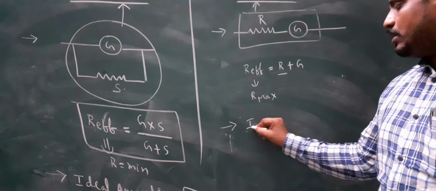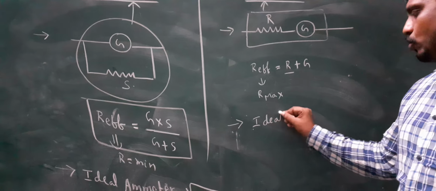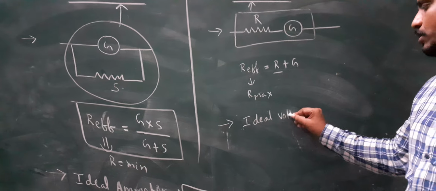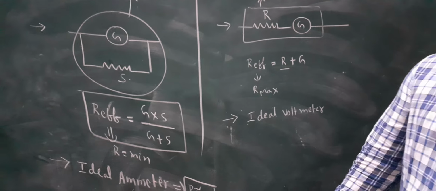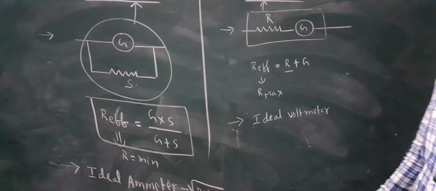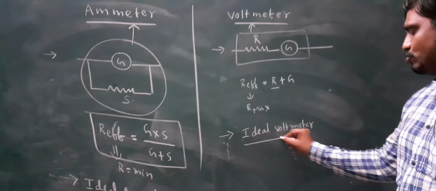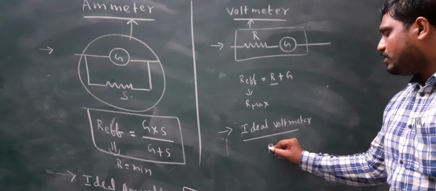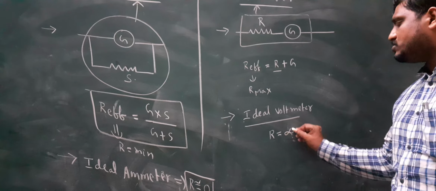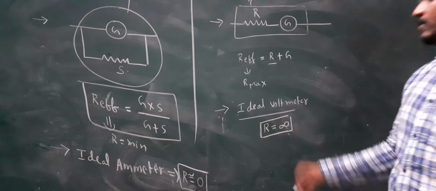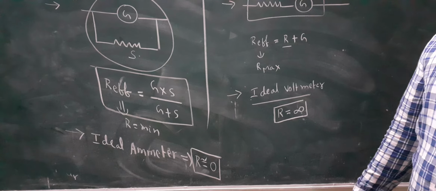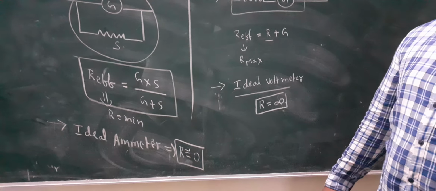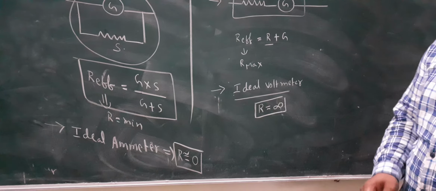Any question can mention an ideal voltmeter or ideal ammeter. Practically it's impossible, but we can assume an ideal voltmeter whose resistance value is infinity. What is the ideal ammeter resistance? 0. What is the ideal voltmeter resistance? Infinity.